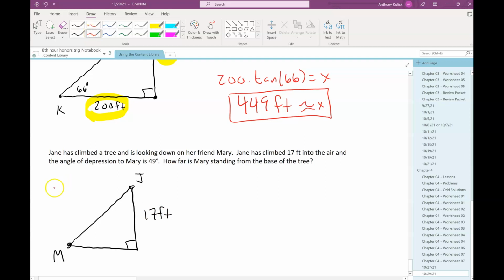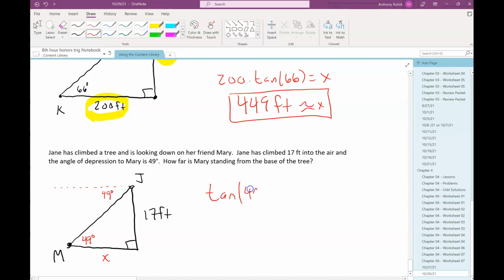Now, here's the tricky part. Where's the angle of depression really at? That's your angle of depression, right? So this is also 49. And then how far is Mary standing from the base of the tree? X. How are we going to solve for X? Yeah.